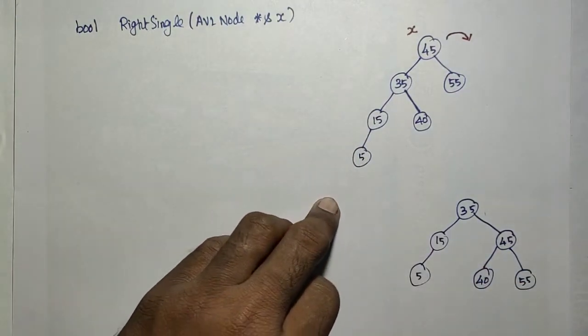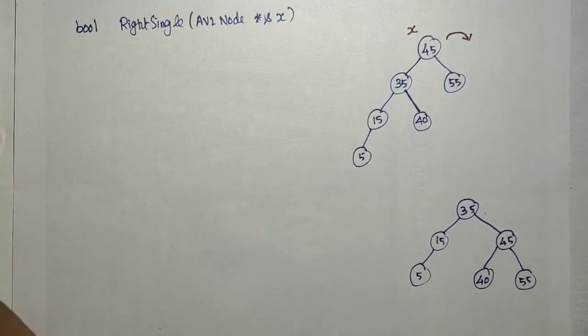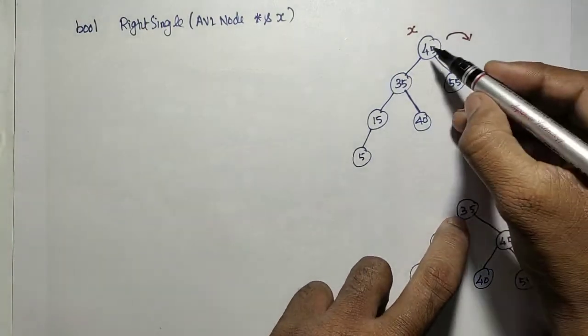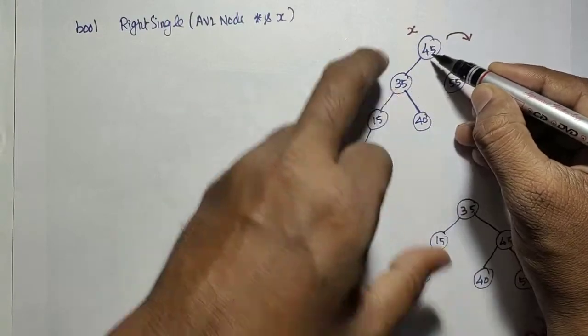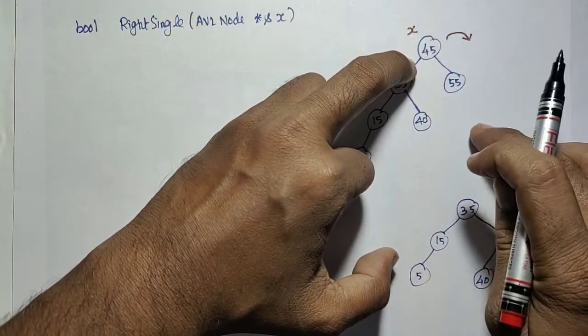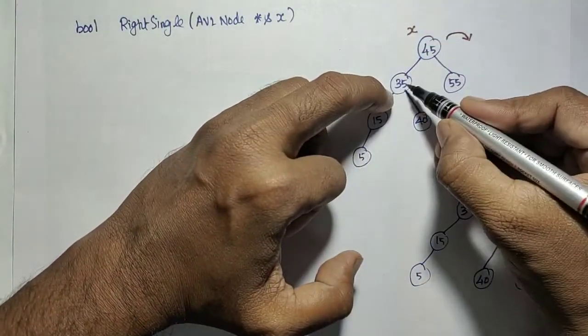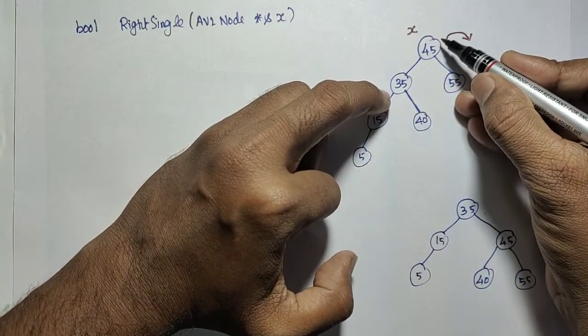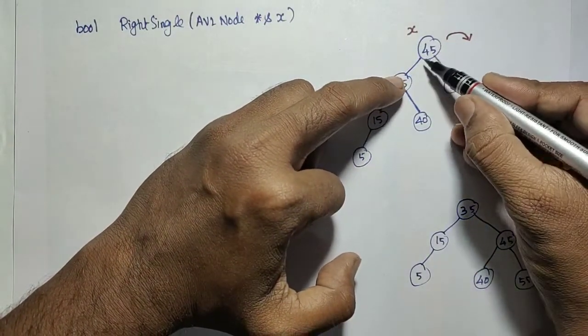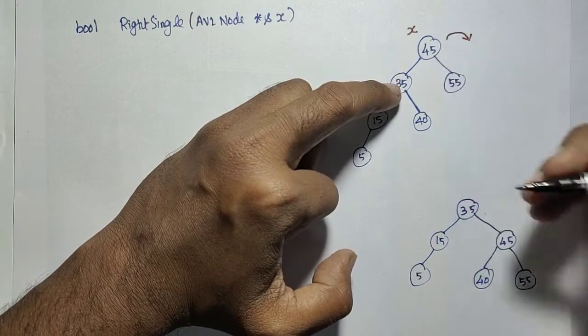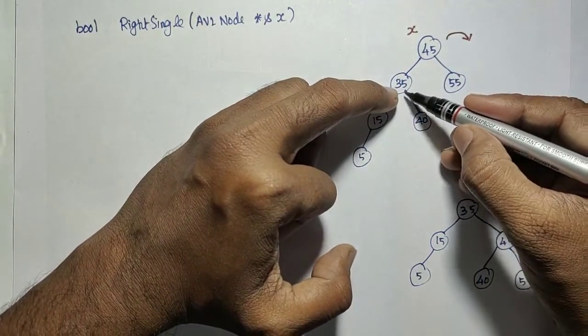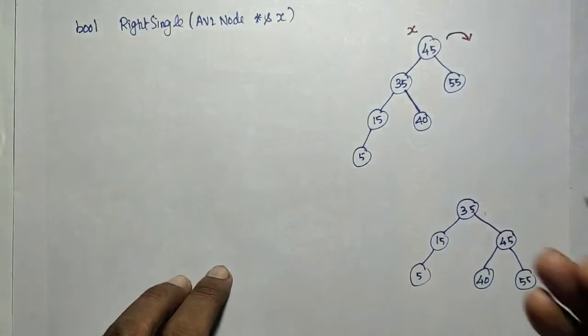So this is very simple. The modification is going to be done on these two nodes only. 45 is going to come down, and the 35 will become that root, and then the 45 left will be changed and 35 right will be changed, that's all.